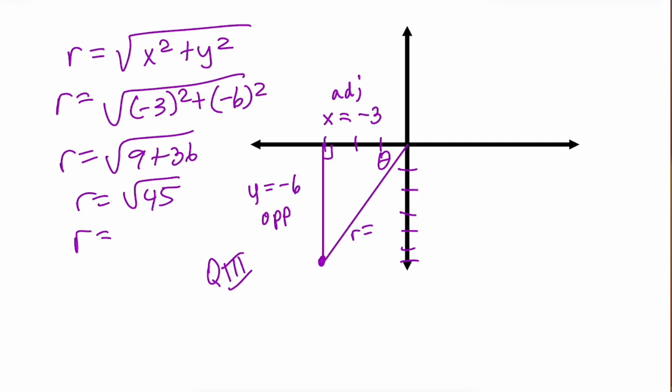The only value that goes into 45 evenly out of that list is 9. So think about that as 9 times 5. I can take the square root of 9, but not 5, so that would be 3 radical 5. So let's label that side. Remember, that is your hypotenuse.